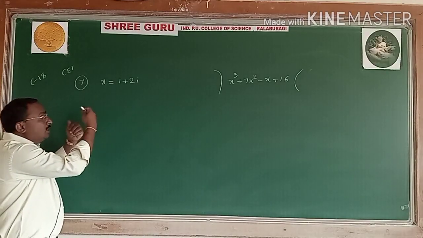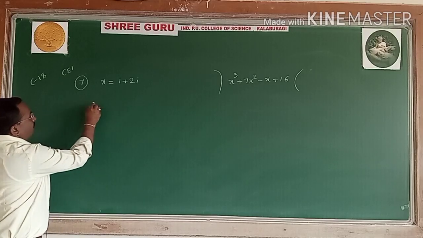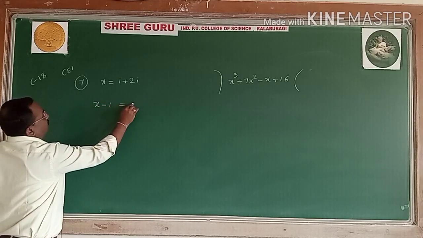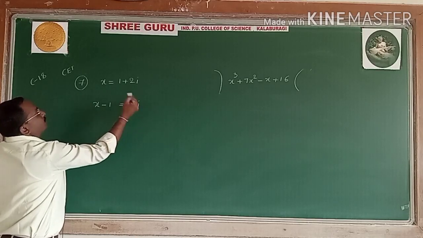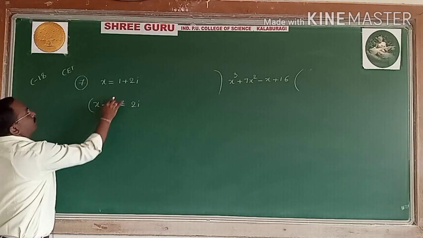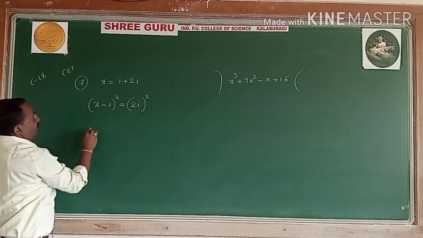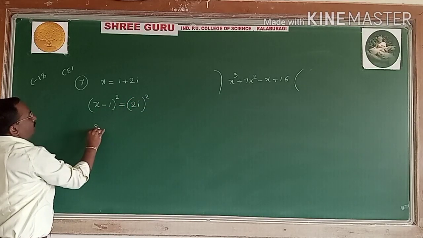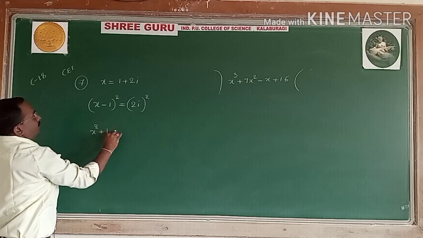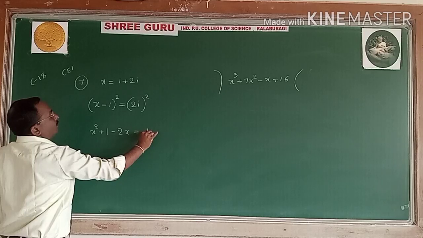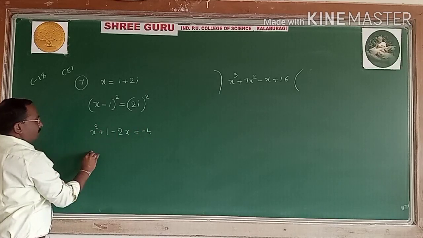First of all, remove the imaginary part. This can be written in the form x minus 1 is equal to 2i. Square on both sides: a square plus b square minus 2ab, with 2 square is 4 and i square is minus 1.